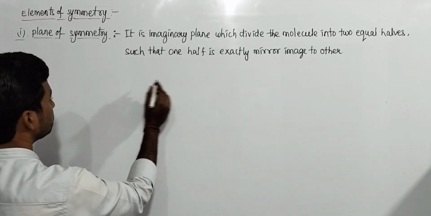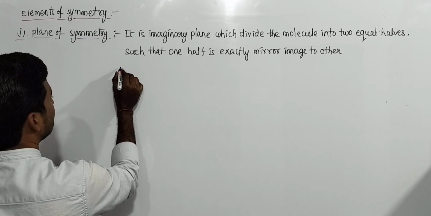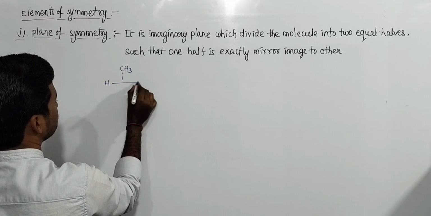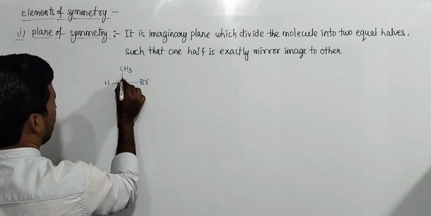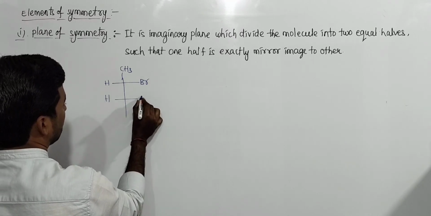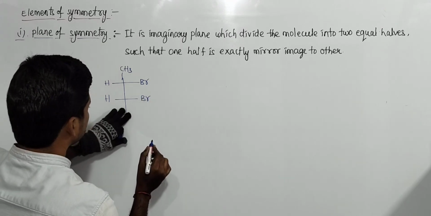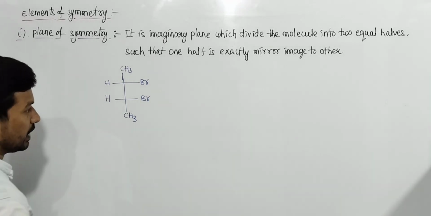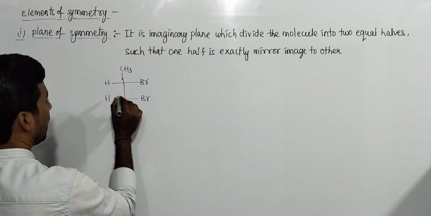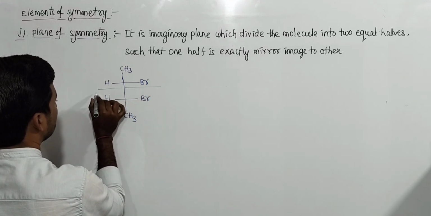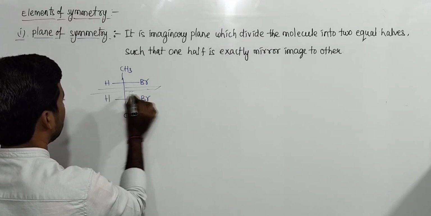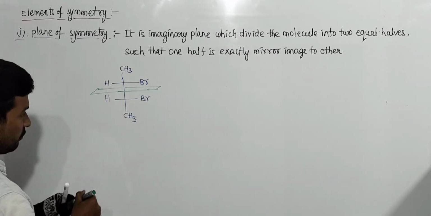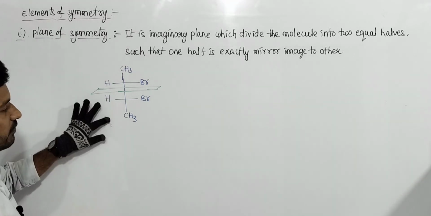So for example, if I take this molecule, 1,2 dibromobutane. In this molecule, I am placing a plane. This is the plane which divides the molecule into 2 equal halves.